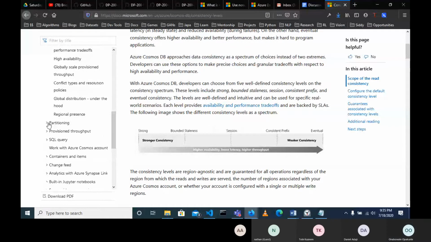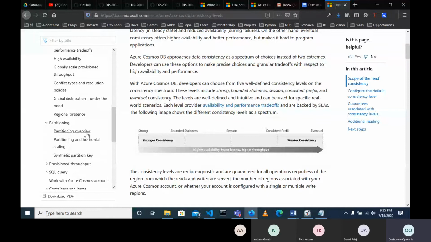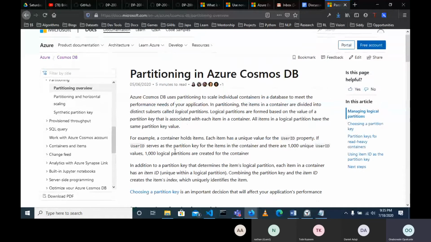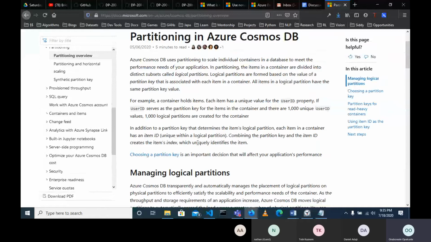Now, if you guys remember, Daniel gave us a brief on how you should partition your Cosmos DB accounts, because that directly affects how you are built. You don't want to make your partitions explode.